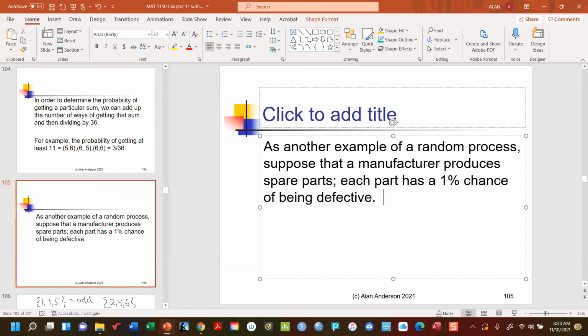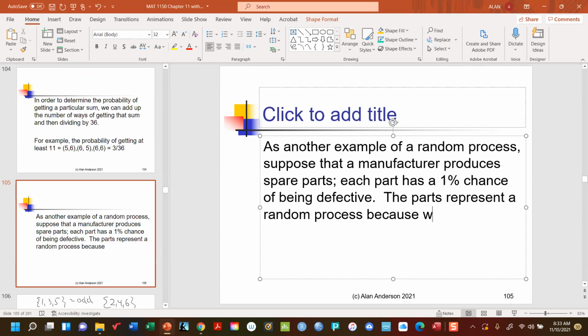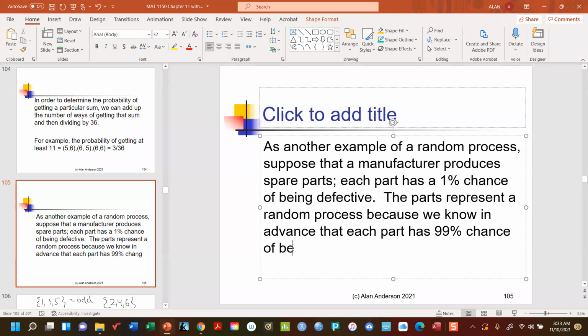Okay, so in this case, the parts represent a random process because we know in advance that each part has a 99% chance of being good and a 1% chance of being defective.